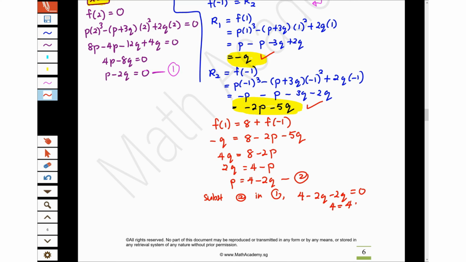So 4 equals 4q, q equals 1. Substitute q equals 1 into equation 2. So your p is just 2. So p is 2, q is 1.